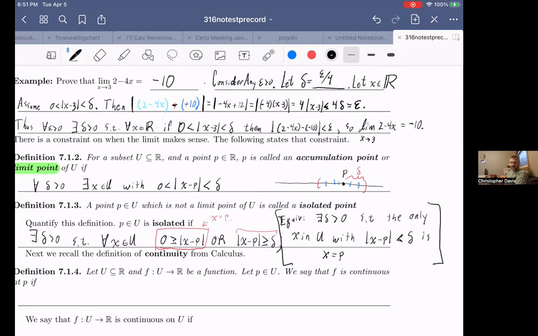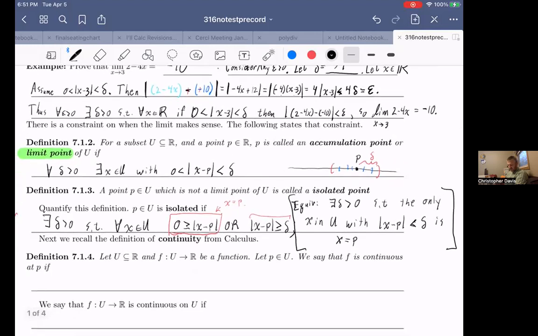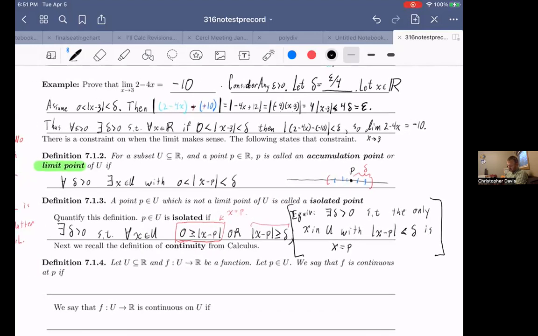That seem pretty okay? Cool. So there's a definition of an isolated point. The idea is, there's the number line again. There's p. There's this delta neighborhood.